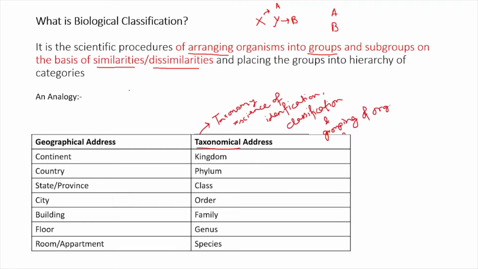Suppose someone asks you to tell about your geographical address. If you say the continent first, suppose I say that I live in Asia, then it becomes very vague, right? Asia has a whole lot of countries.